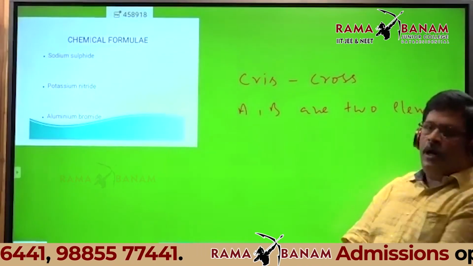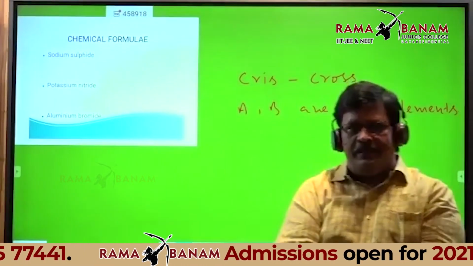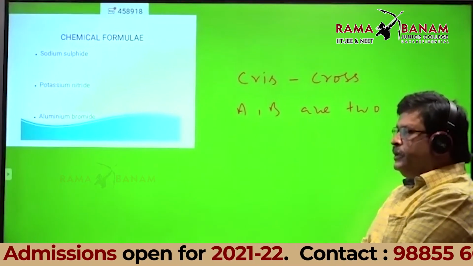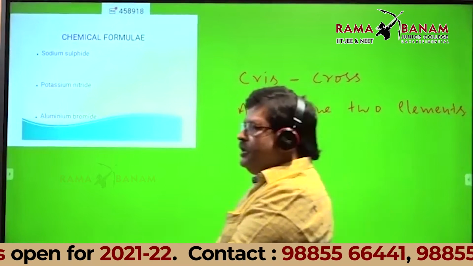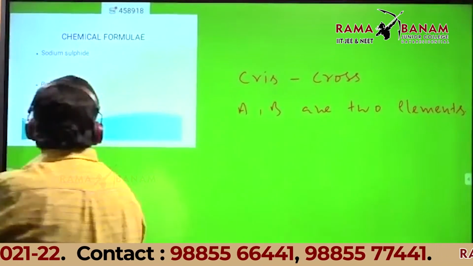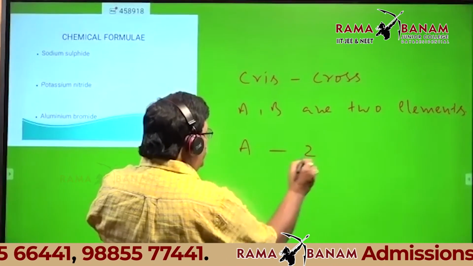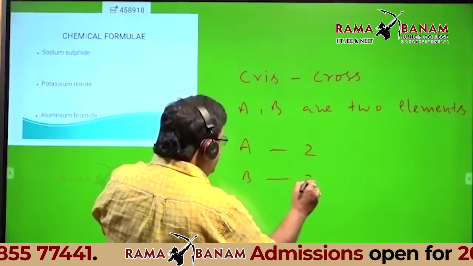How to write the formula of the compound formed between A and B? The only thing required is that you should know the valencies of the two elements A and B. Suppose the valency of A is 2 and the valency of B is 3.